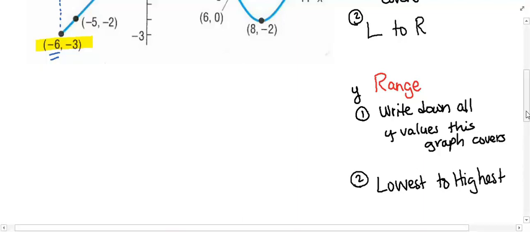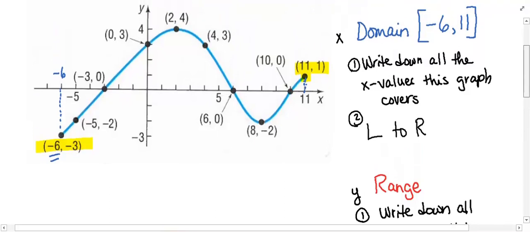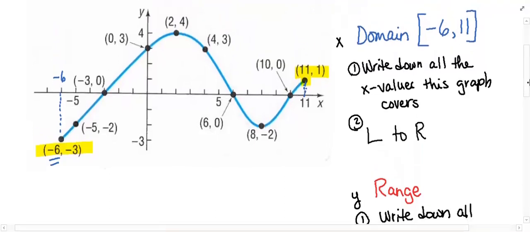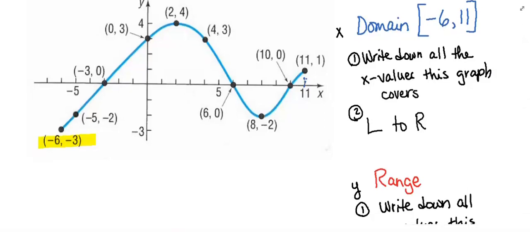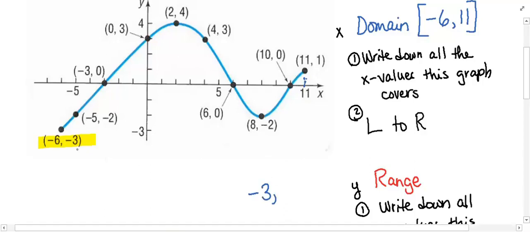So let's give it a shot. When I go back to this graph and look for the lowest point, I'm going to go ahead and erase this. The lowest point on this graph is right here, (-6, -3). You're going to write down the y value for this point because it's range, so I'm going to write down -3.